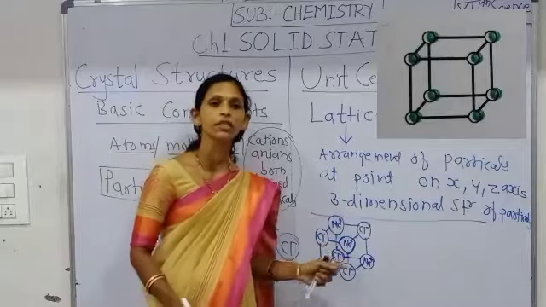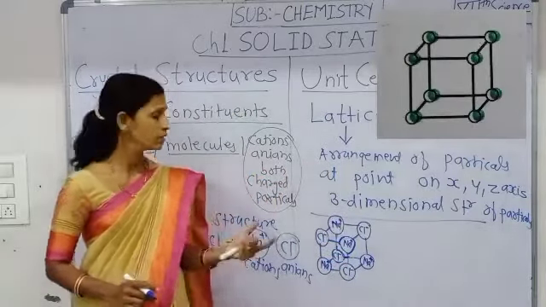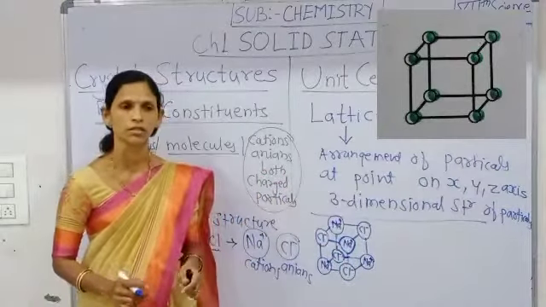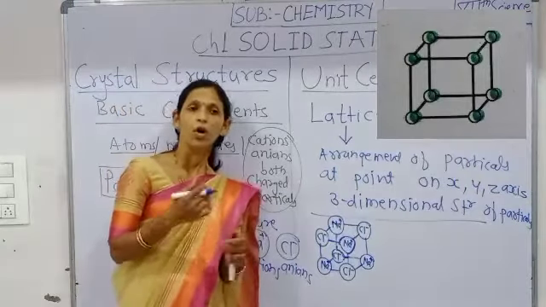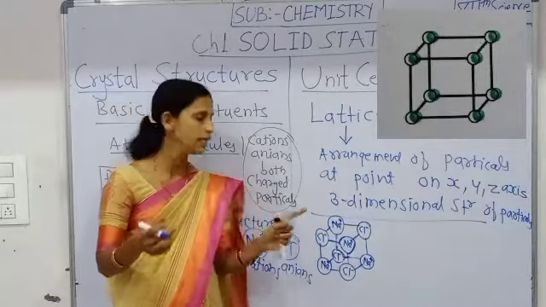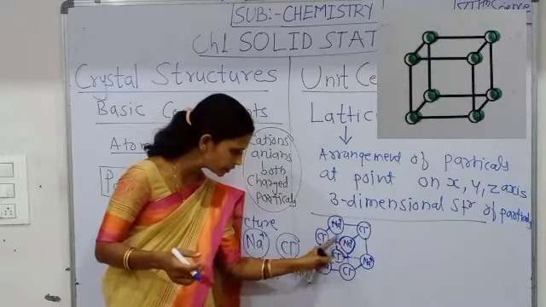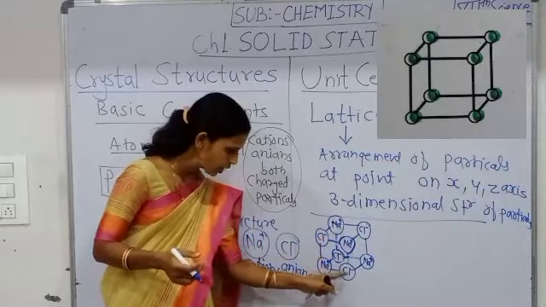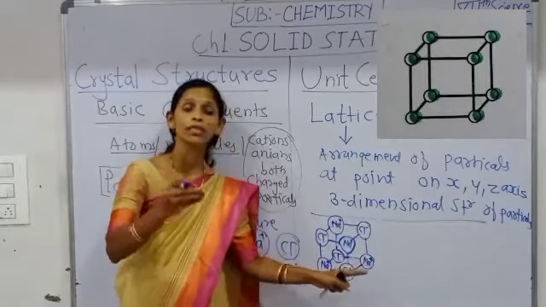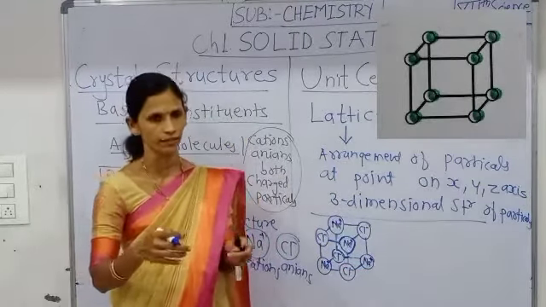The crystal structures are obtained by joining lattice points, the points at which the basic constituents are arranged.